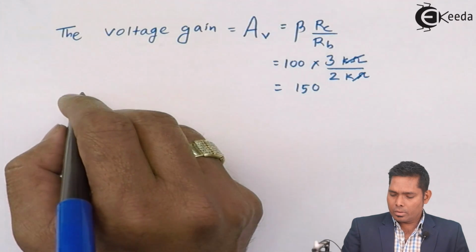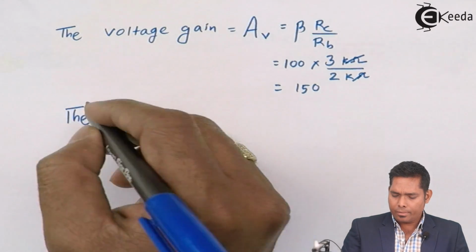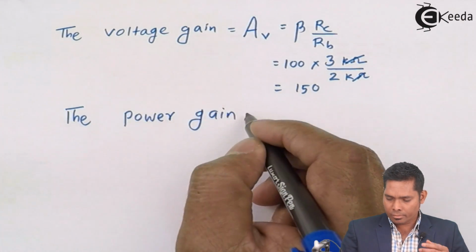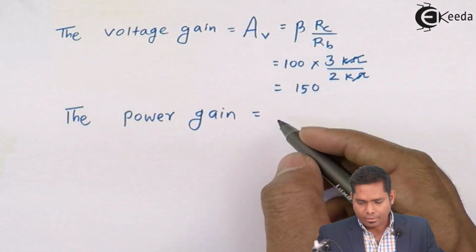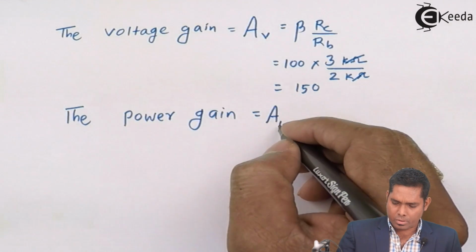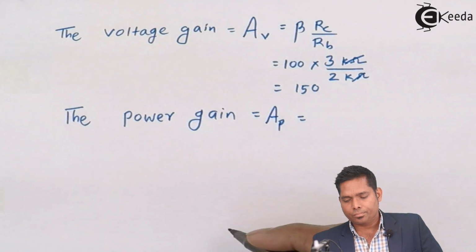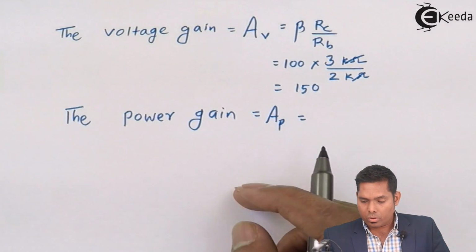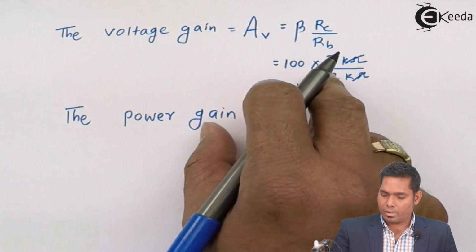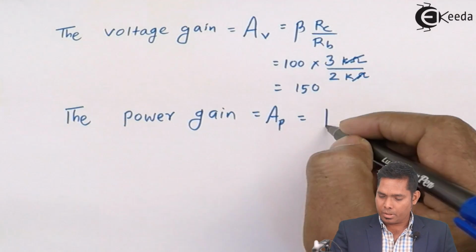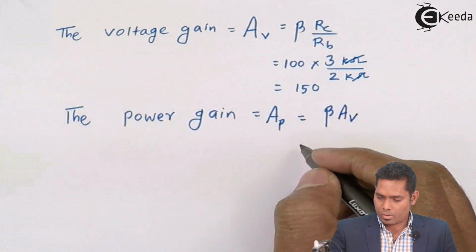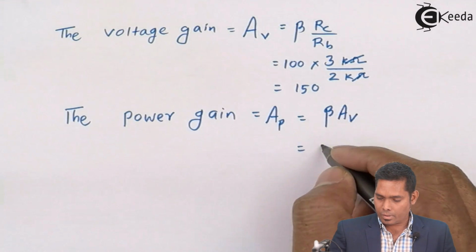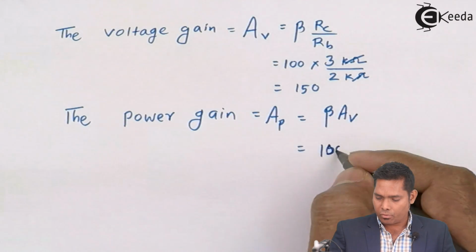The power gain, that is A of power, is the voltage gain into beta into AV, that is, beta is 100 into AV.